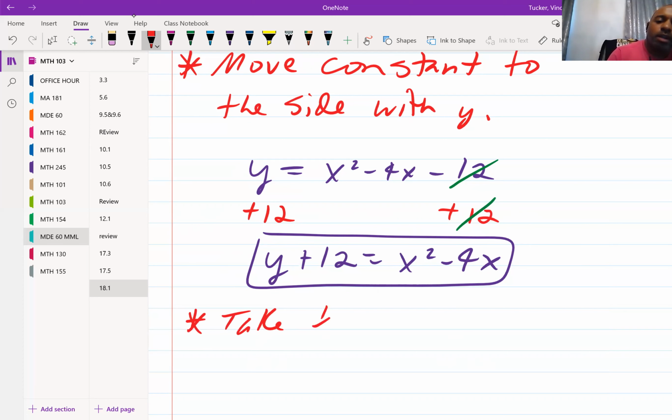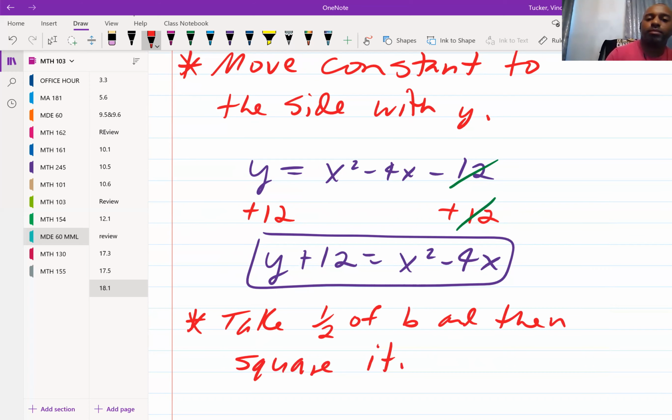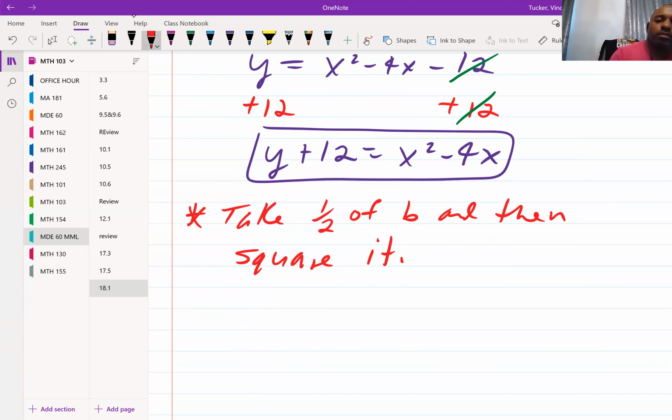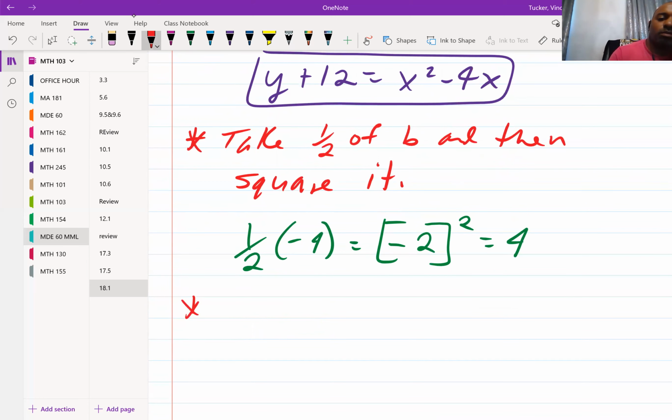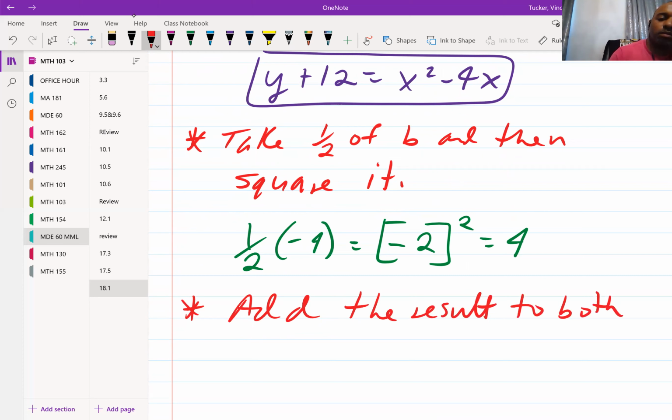So we're going to take half of b. So add the result on both sides.